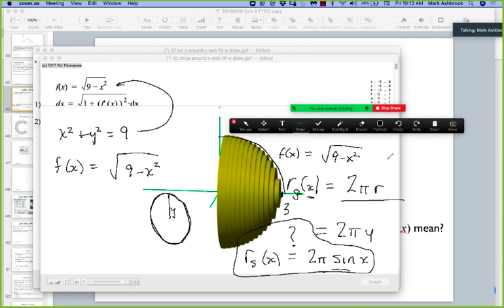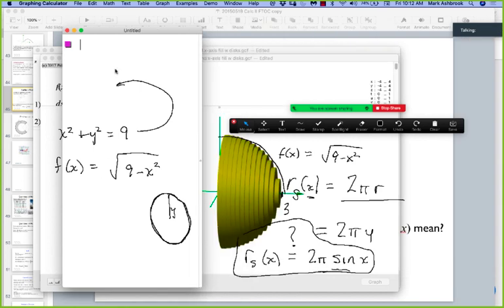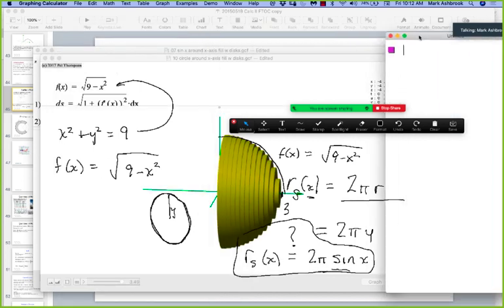So we know what that surface area is, and we can check our conjecture about the rate of change being the circumference and make sure that it's right. So let's do that. I'm going to do a new GC file, and let's do surface area first.